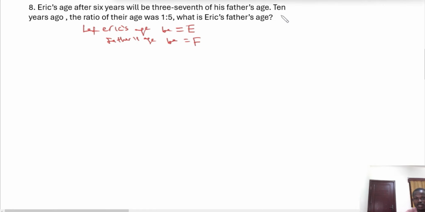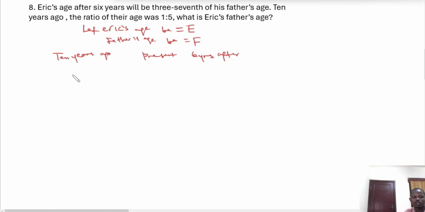In this question we have 10 years ago, and we have 6 years after. So let's say this is 10 years ago. Then we have the present, which we'll put in the middle, and then 6 years after.